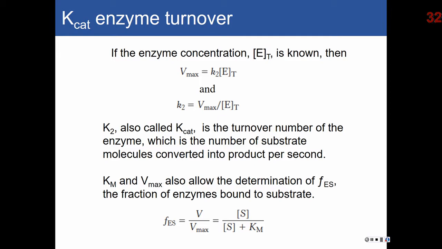If your total enzyme concentration is known, then your Vmax is equal to K sub 2 times your total enzyme concentration, which means that K sub 2 is your Vmax divided by your total enzyme concentration. So now we're just solving that. But K sub 2 is also called Kcat, or the rate at which your enzyme gets turned over.